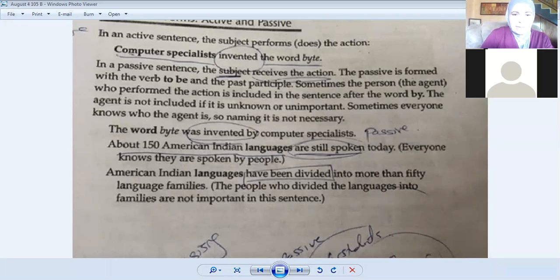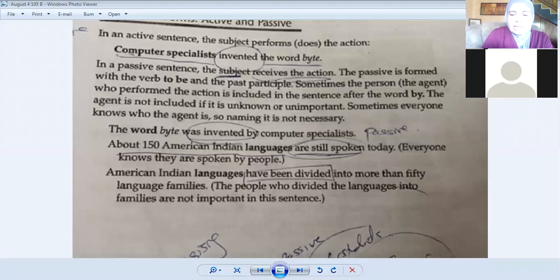So the passive, again, look guys, let me write it down again for you. The passive is: subject, and then the verb. And the verb is made of the auxiliary.